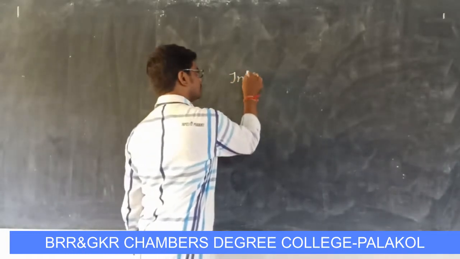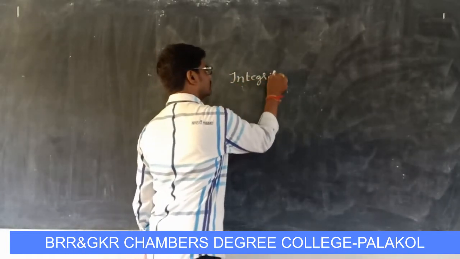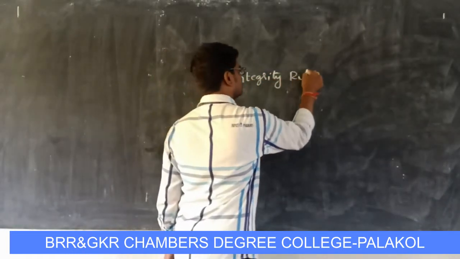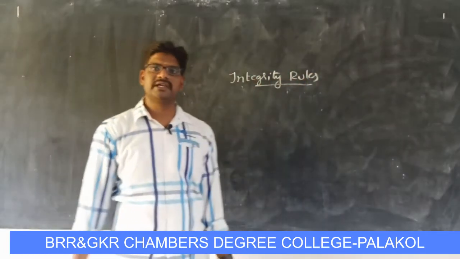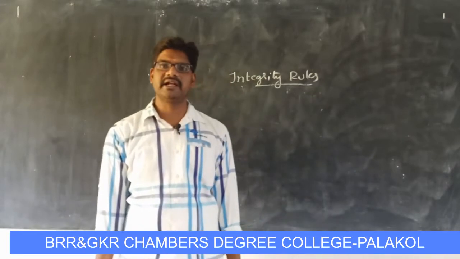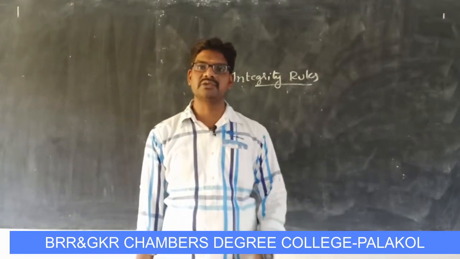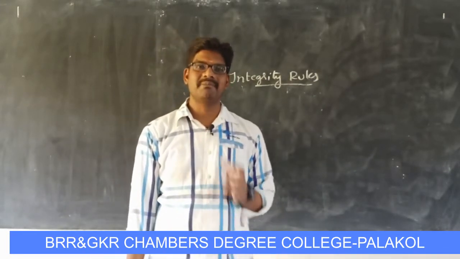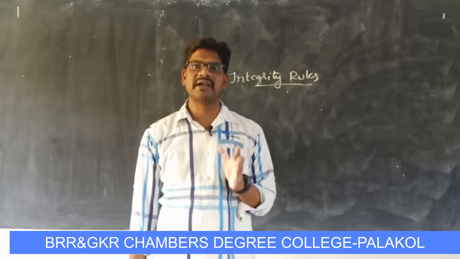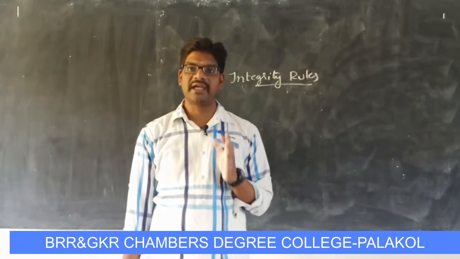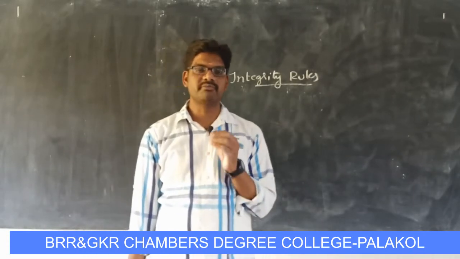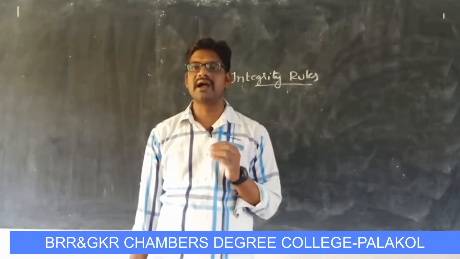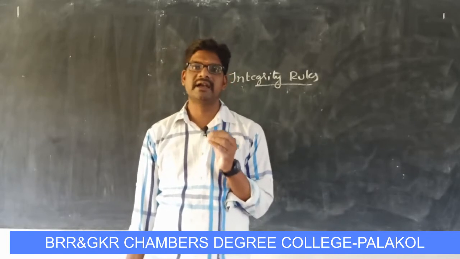Okay, the next one is integrity rules. What do integrity rules mean? Integrity constraints or integrity rules are used to maintain the accuracy and correctness of data within the database. We have to maintain accurate and correct data in the database.